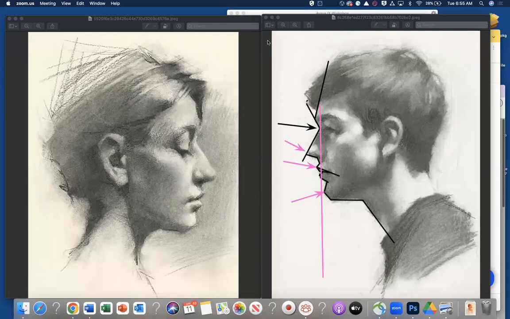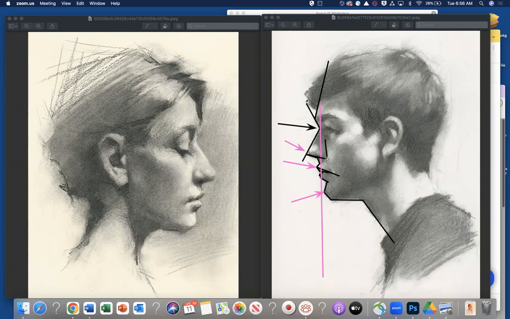But one thing I just want to point out is that the nose angles inward, and I was not supposed to have that there. Here we go. Nose angles inward, and there's usually a dark tone depending on the light source on this side of the nose.